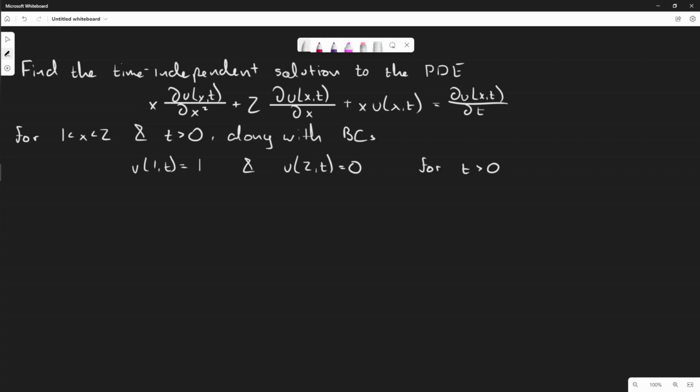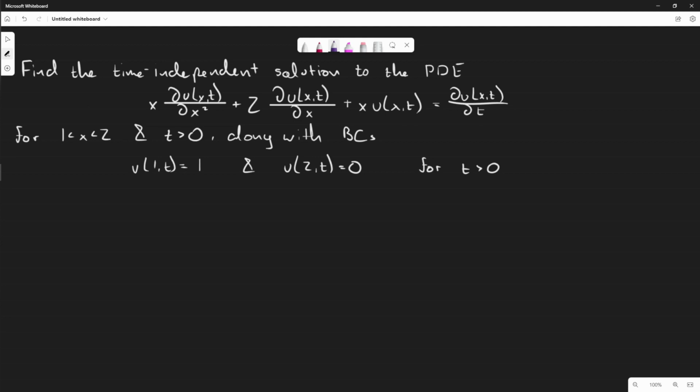Like I mentioned, this is a PDE, but don't you worry, everything's going to be okay. If you are here from the time independent solution video, you know what that is, and so we're going to go ahead and solve it. But before we find it, like I mentioned in the video, you must always check if such a solution does exist and if it's really necessary to find it.